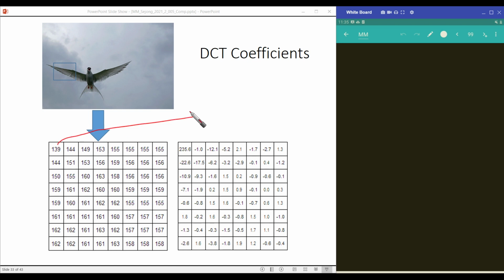And what is this number? It is exactly 139, right? This very first pixel, that is f00. So this is basically our 139. Okay, now how about this one? We are saying that f01 is basically 144. And if you go in this way, what is this one?